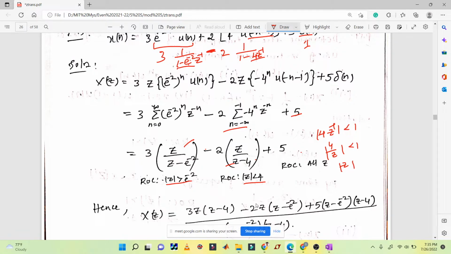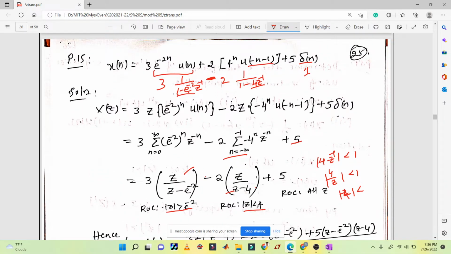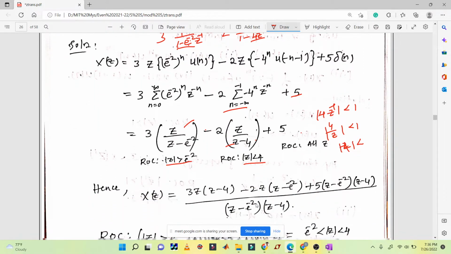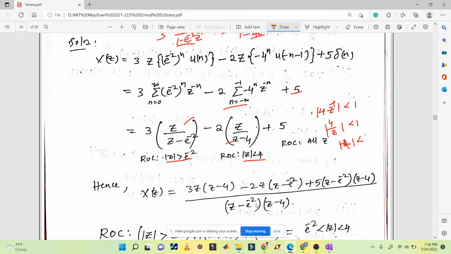Have I made a mistake there by not taking 4 as minus n? No, right? 4 is less than z, or z is less than 4. Let me check that.